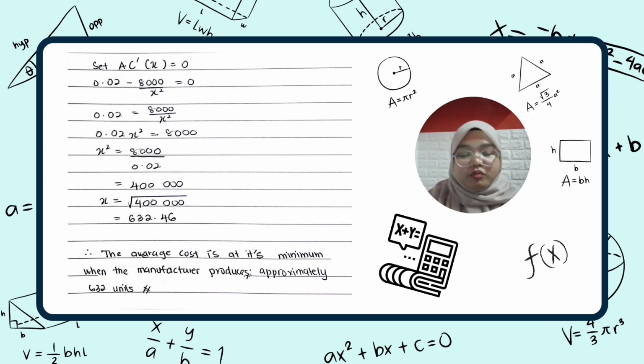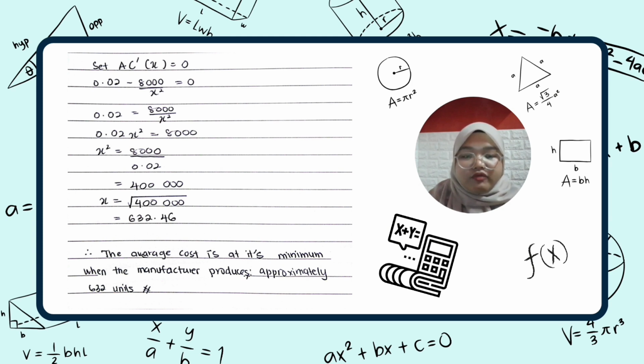Next, to find the minimum point, set the derivative to 0. So 0.02 minus 8,000 over x squared equal to 0. 0.02 equal to 8,000 over x squared. So we bring the x squared to the left, and 0.02 x squared equal to 8,000, and x squared equal to 8,000 over 0.02, and we calculate, and the answer is 400,000.